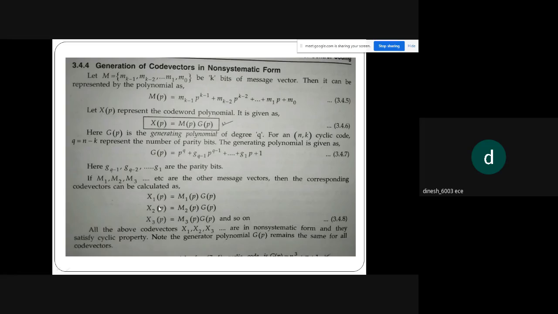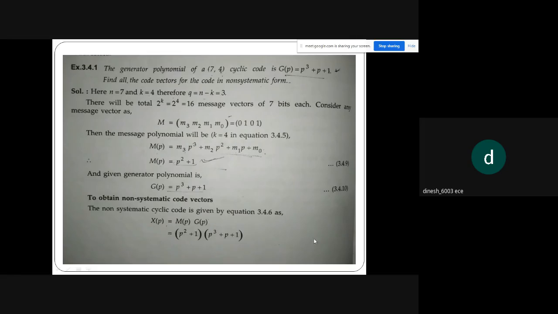So these code vectors which are being generated, x1 of p, x2 of p, x3 of p, are all non-systematic in nature, and they satisfy the cyclic property also. And we should also make a note that this generator polynomial g of p will remain same for all the code vectors.